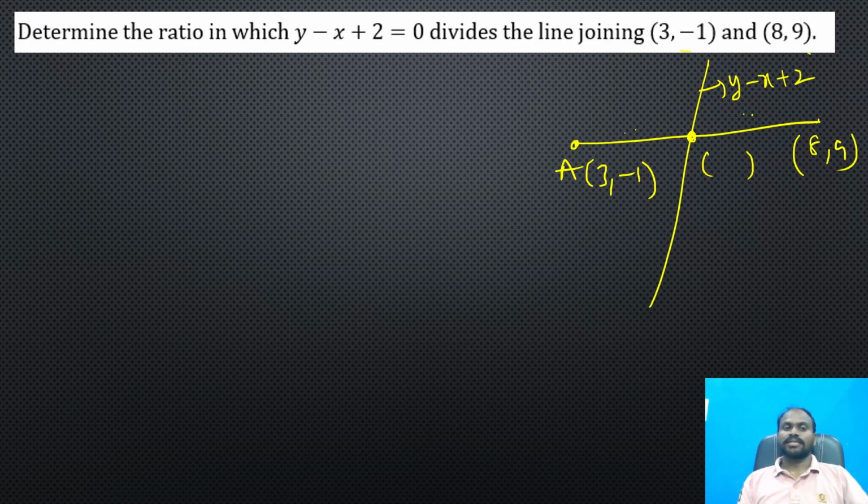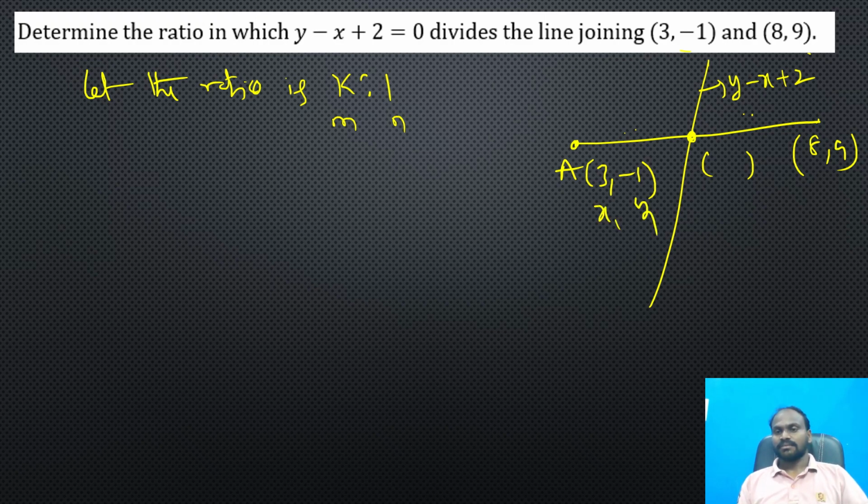Since we don't know the ratio, just assume the ratio as some k is to 1. This is m, this is n, and this is x1 y1, and this is x2 y2.